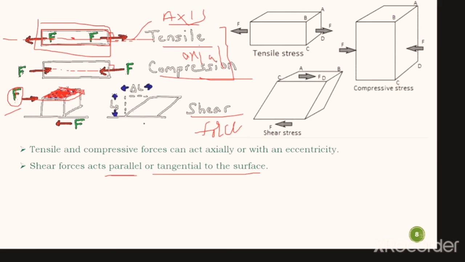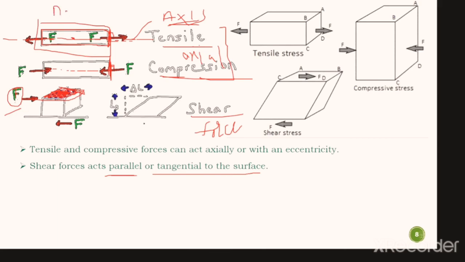But compressive and tensile forces, if you see, act normal to the surface. Normal, see, this is the cross section of that bar, and the angle between these two is 90 degrees, right? So these axial forces always act normal, perpendicular to the surface.